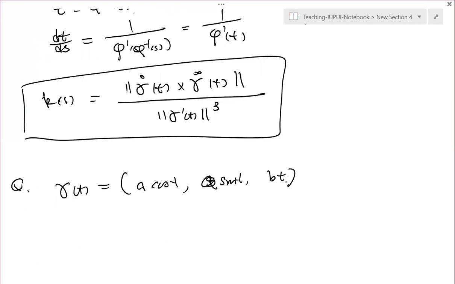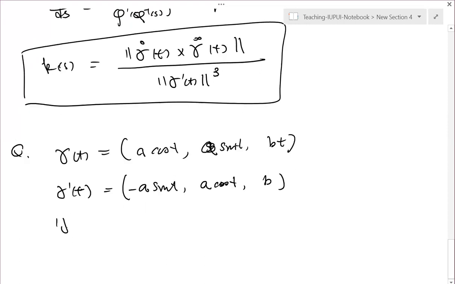I don't know whether this has a constant speed or not, so let's differentiate. That is going to be negative a sine t, a cosine t, and b. It's not too bad.